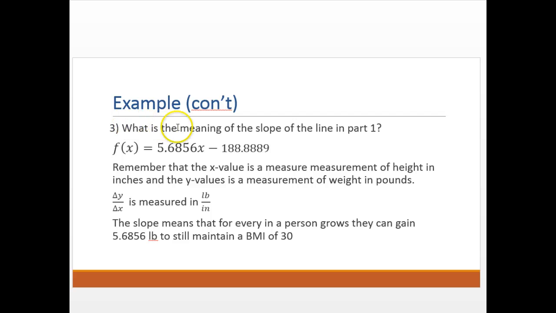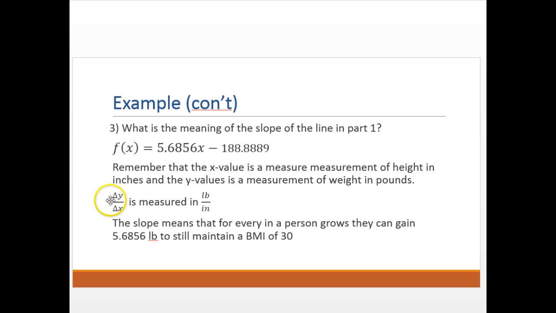The last part is what is the meaning of the slope of the line in part 1. This was our equation. F of x equals 5.6856x minus 188.8889. The coefficient of the x, the 5.6856, that's our slope. Remember, the x values were measured in height, which was in inches, and the y value was a measurement of weight in pounds.